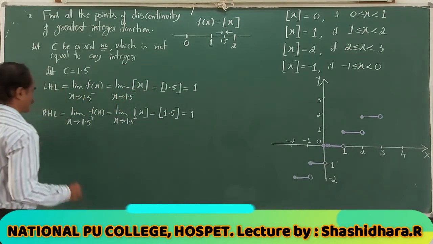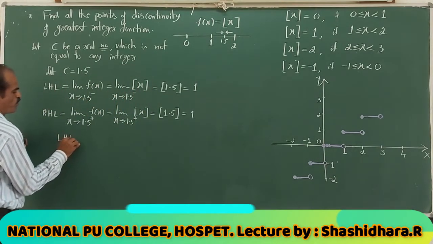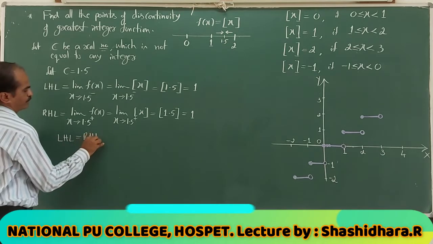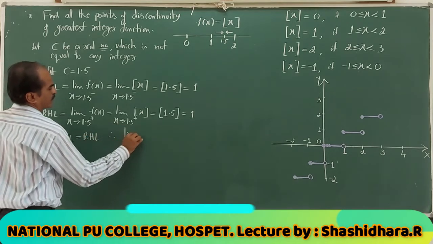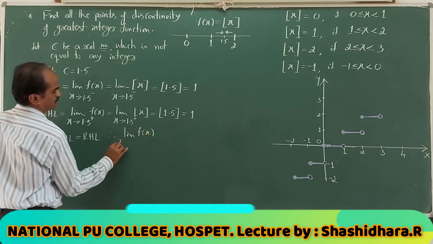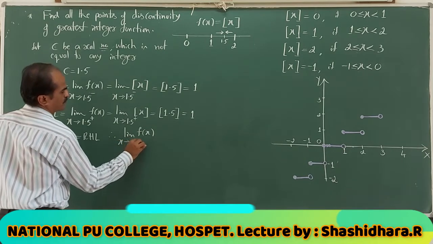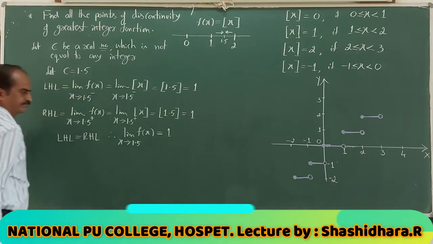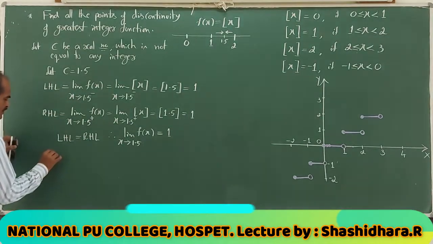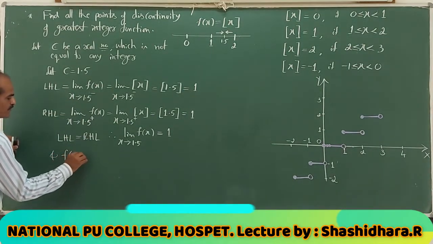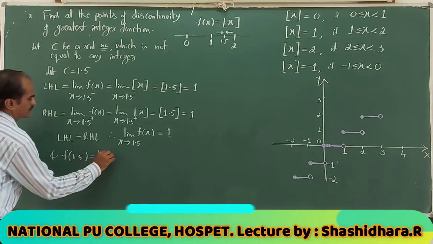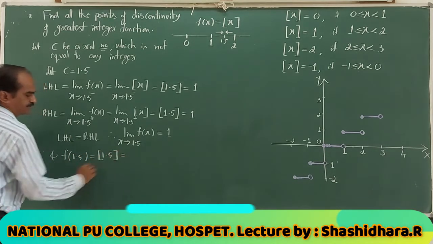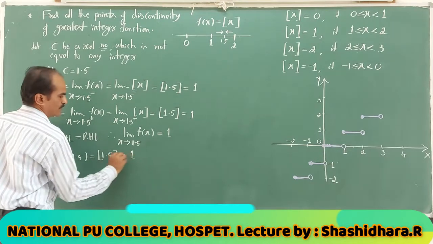So LHL equals RHL. Therefore, the limit of f of x as x tends to 1.5 is equal to 1. The limiting value exists. And the function value at 1.5, the greatest integer of 1.5, is equal to 1.